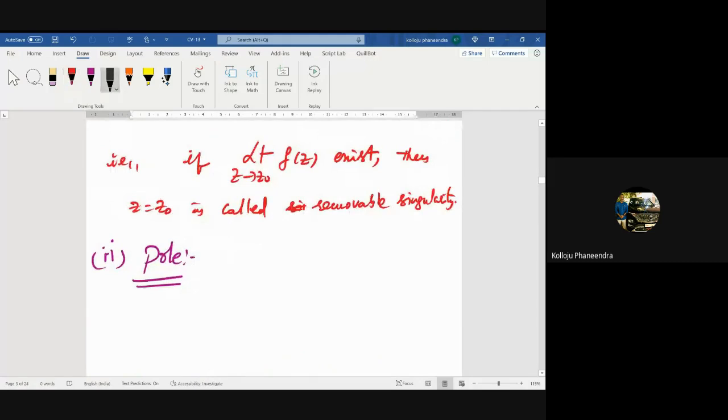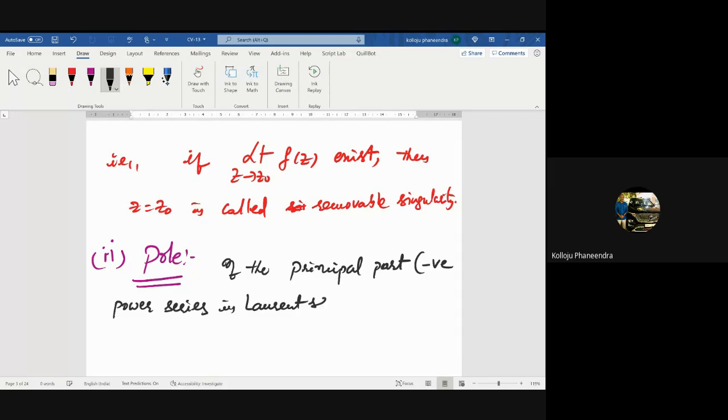So what is the definition of pole? If the principal part, in brackets I will write negative power series in the Laurent series, that is called the principal part.